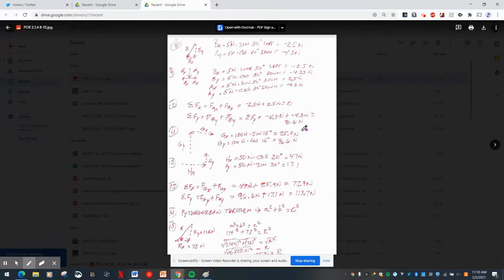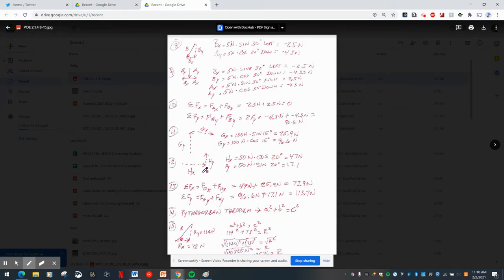I rounded up on a lot of these, so if you don't get the same exact number, you're off a hundredth or so, it's because I rounded, okay, just for the sake of simplicity. Here we have GY is equal to 100 newtons times the cosine of 15 degrees, which is 96.6, again, rounding up. All right, so we have GX, GY.